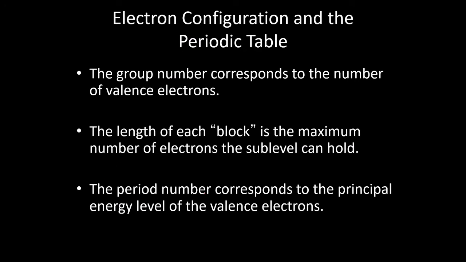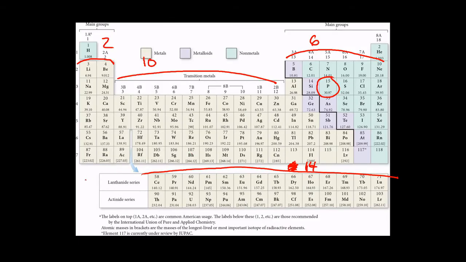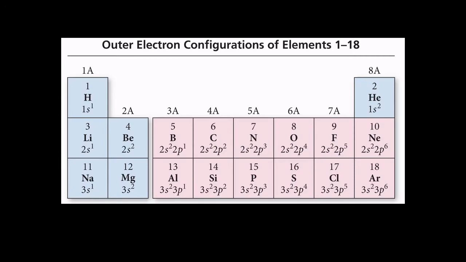And the same thing here, the period number corresponds to the principal energy level of the valence electrons. So if you have an element on the 5th row, its valence electrons are going to be in the 5s and the 5p. So the period number corresponds to the principal shell of the valence electrons.